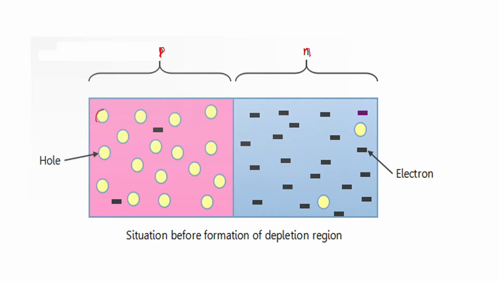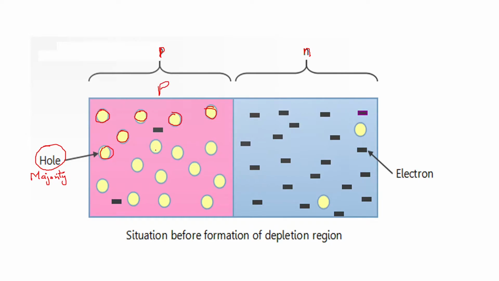Whatever is shown in these yellow circles are holes, the majority charge carriers in p-type semiconductor. They are more in number because of the process of doping, and they are called majority charge carriers in p-type semiconductor.